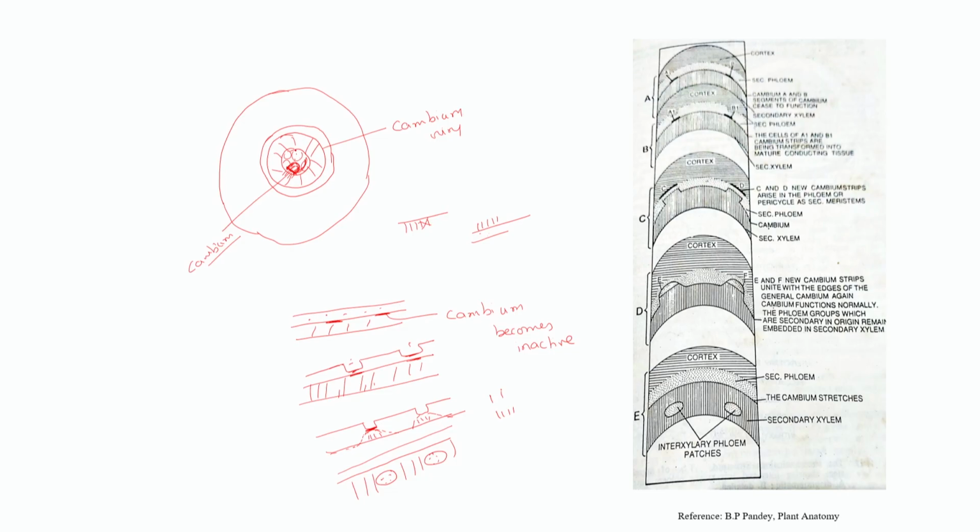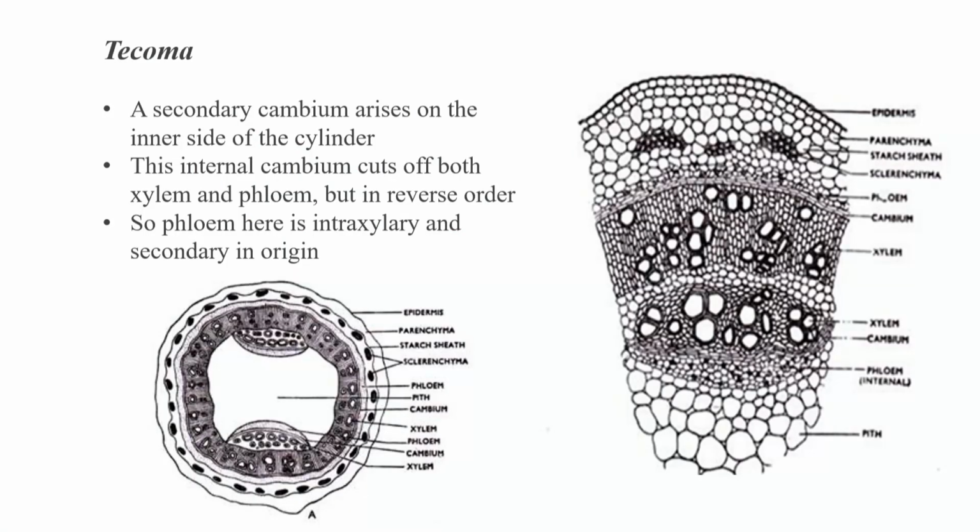However, xylem will be mixed with the primary xylem, so it is not easy to differentiate, but phloem patches will be seen. Similarly, in Trachoma also you will see the presence of this intraxylary phloem. Okay, in this you don't find the presence of included phloem, however intraxylary phloem is there. So, you can see that because some internal cambia is arising in the pith region, it is cutting both xylem and phloem, but in the opposite direction.